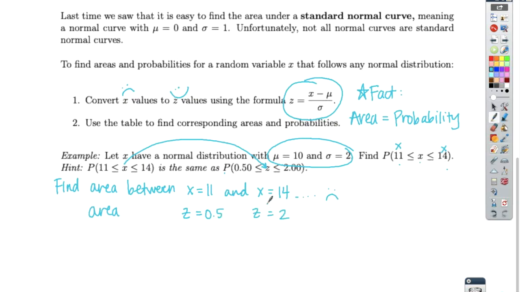Now we found those two areas in warm-up problem number 2. To find the area between them, I'm going to take the larger area and subtract the smaller area.